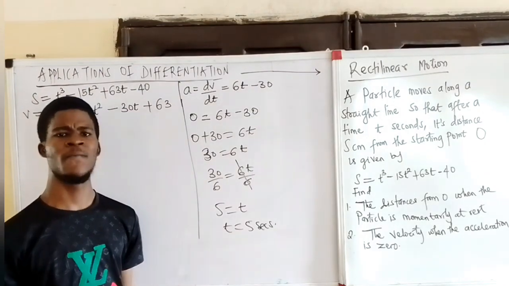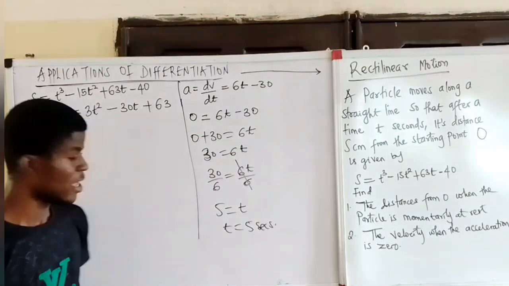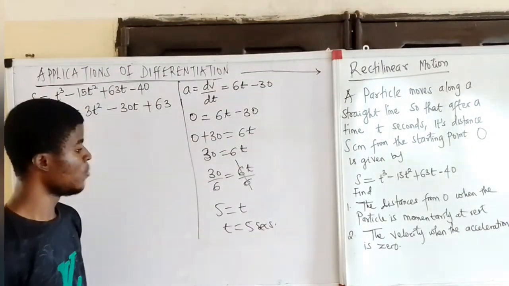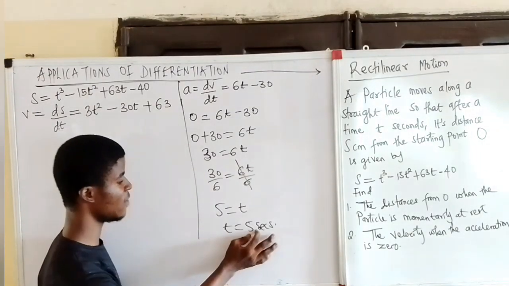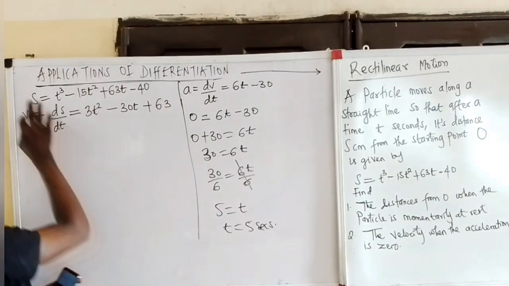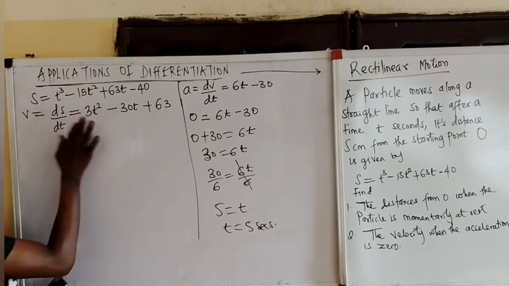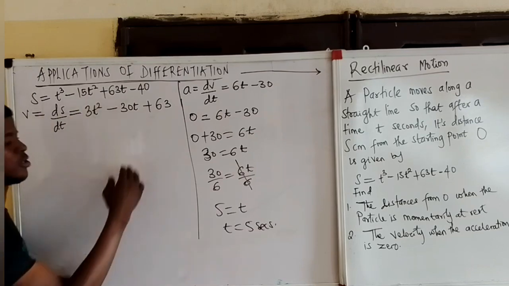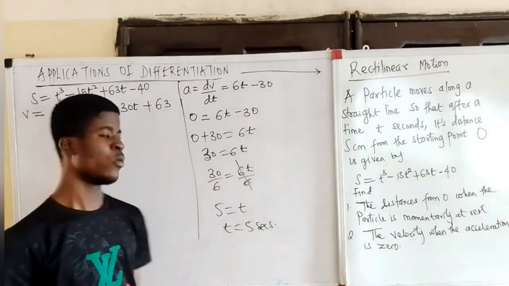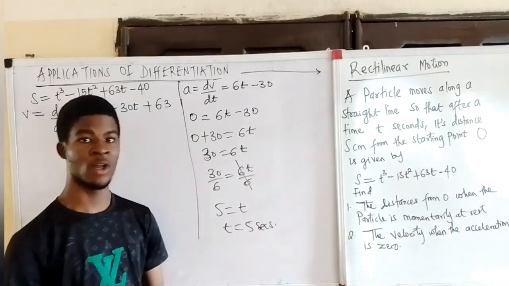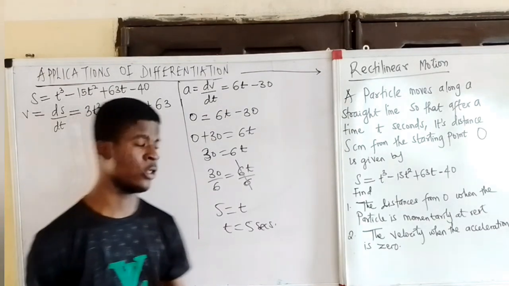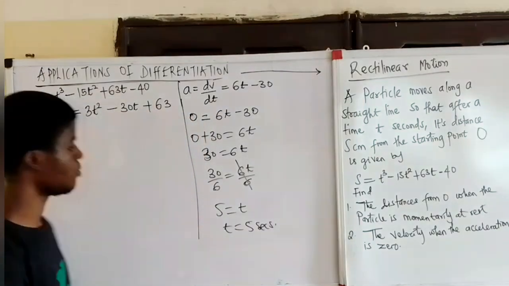Now, what is the velocity? To get the velocity, we are going to plug in this value 5 for t in this velocity equation. V equal to 3t squared minus 30t plus 63. So whatever answer we get is the value of the velocity when the acceleration is 0. Now watch.